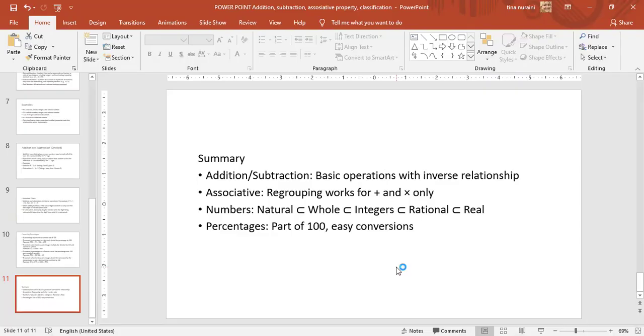About numbers: first the natural numbers, then the whole numbers, then the integers, then the rationals, and then the reals. Next, percentage. Percentage is being part of 100 and easy conversion.